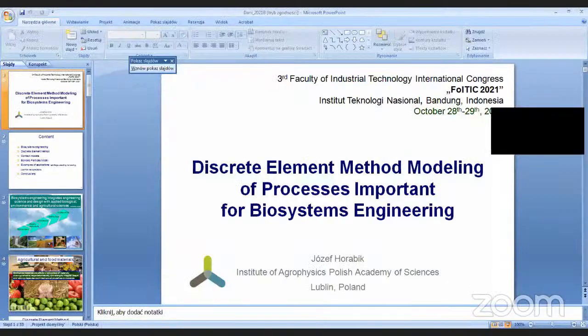of Agrophysics of the Polish Academy of Sciences, Lublin, Poland. His research focus is on the physical properties of plant material, the mechanical properties of granular materials, and their influence on pressure distribution in silos, and on discrete element method modeling and physical properties of agricultural materials and food powders for safe and efficient storage, handling, and processing, and so on.